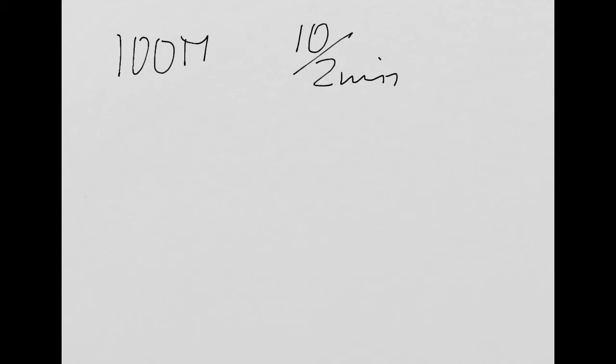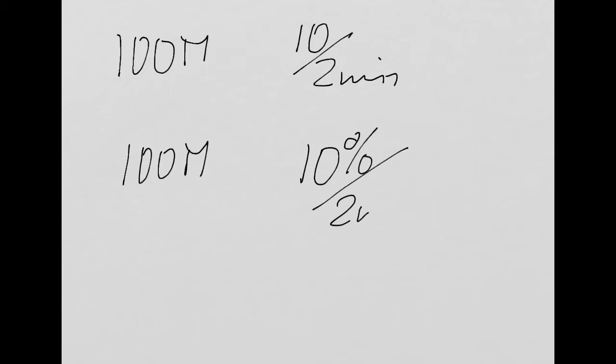Now, my claim is I start with 100 Maltesers and I can eat 10% per 2 minutes. Do you see the difference?